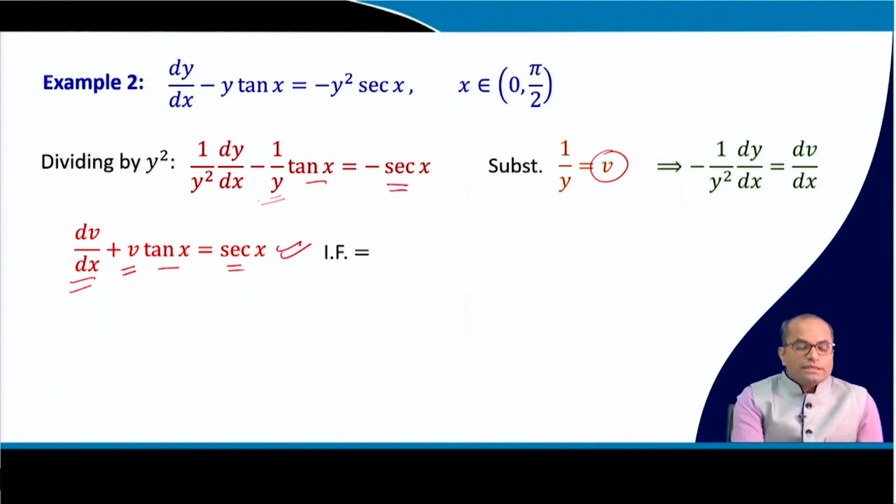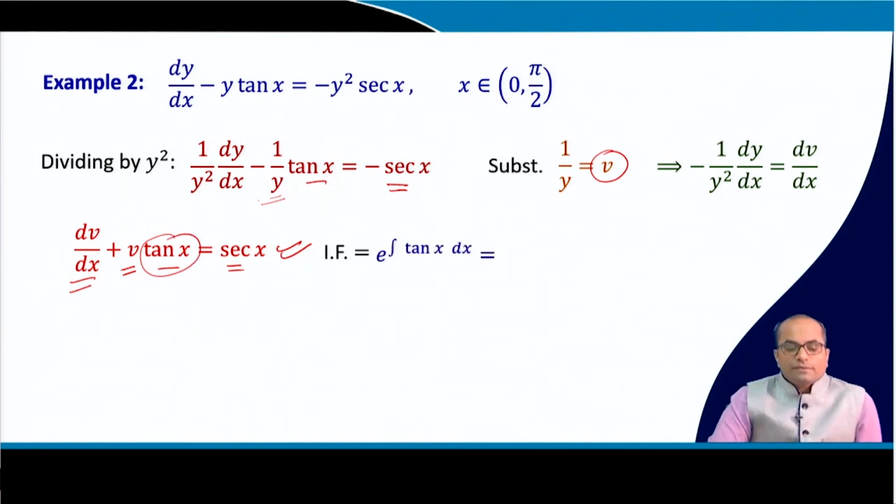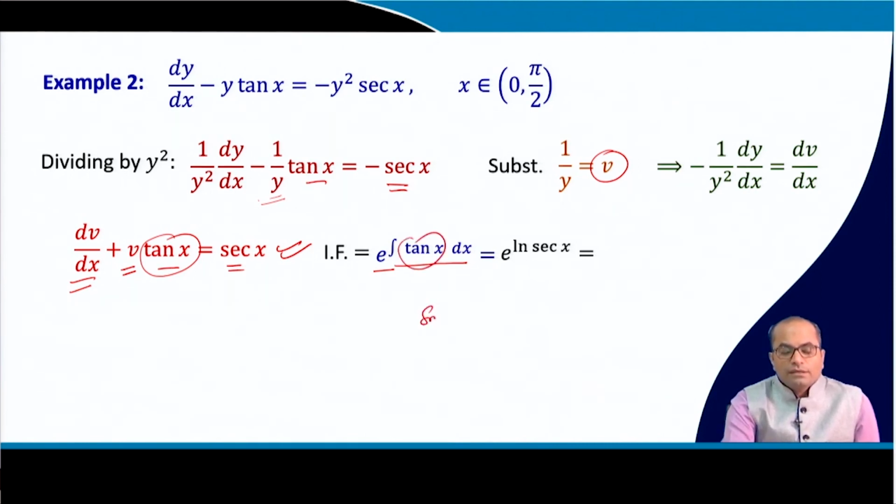So, the integrating factor now for this linear equation, which is linear in v, we can get e power integral tan x dx. So, integral of tan x, because this tan x is nothing but sin x over cos x, this integral, and the derivative of this cos x is sitting here in the numerator as sin x.